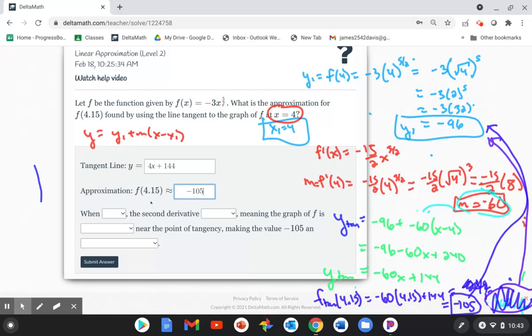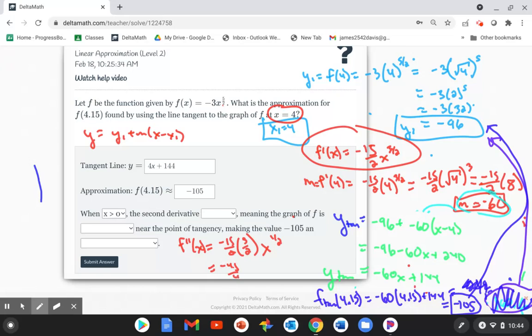All right. Last but not least, we need to do some second derivative stuff. This number is greater than 0, so when x is greater than 0, go ahead and calculate a second derivative. First derivative was up here, so f double prime of x is going to be negative 15 over 2 times 3/2 x to the 1/2 power, which gives us negative 45 over 4 x to the 1/2.